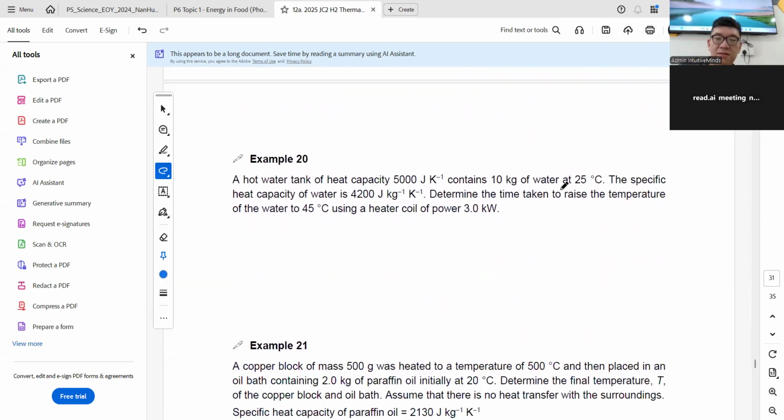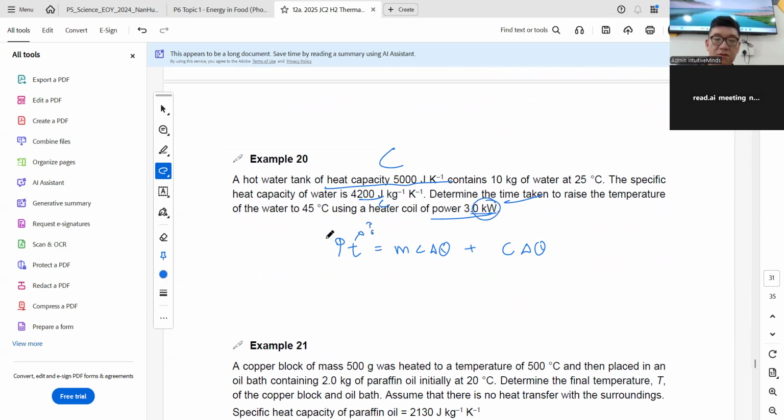And then this one, you will need to use Pt equals to mc delta theta plus big C delta theta. So this is a big C, and then this is a small c. And the time is here.